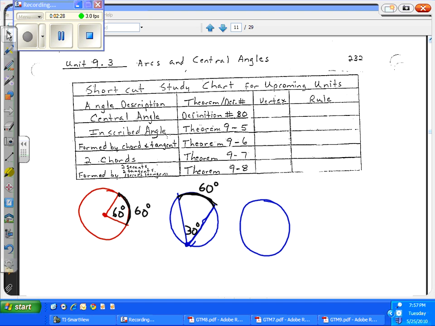We could have an angle formed by a chord and a tangent. If we drew a tangent to a circle, I'm going to start that over. I just don't like the way that turned out. I apologize.